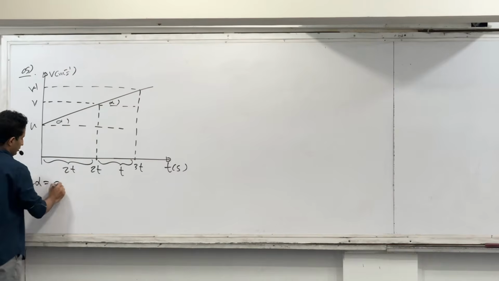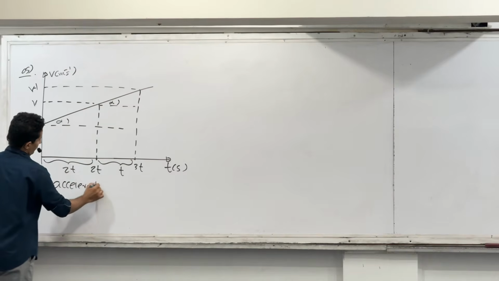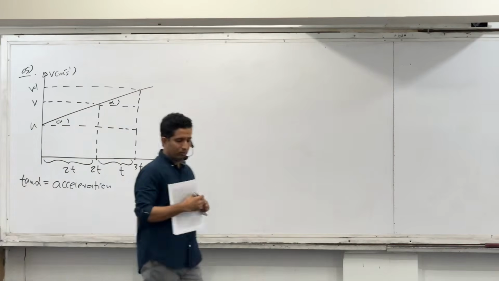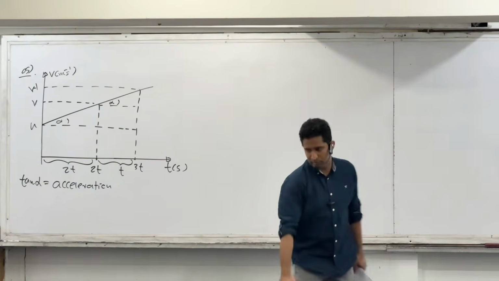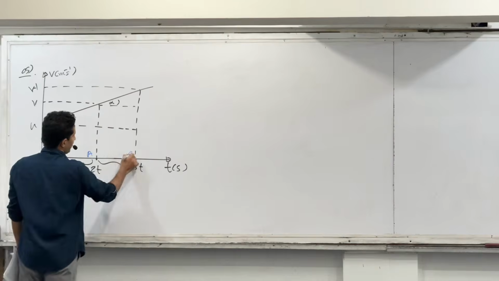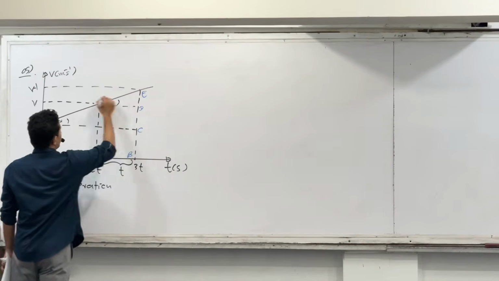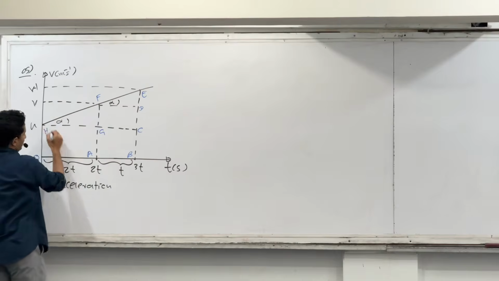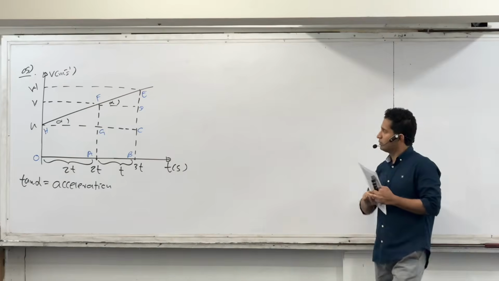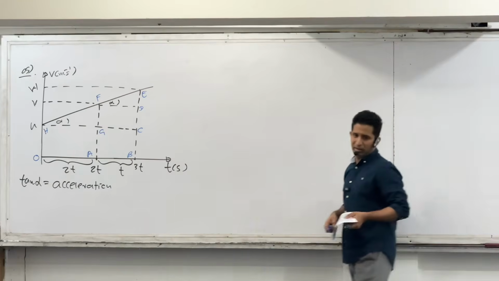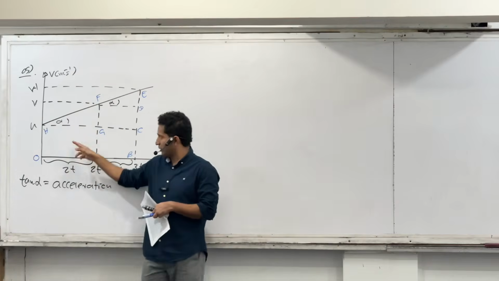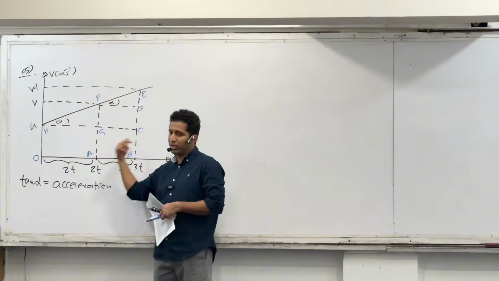Name the graph O, A, B, C, D, E, F, G, H. You can get the answer in only 4-5 lines. This area is the displacement within the first 2t time, and the displacement in the next t time.